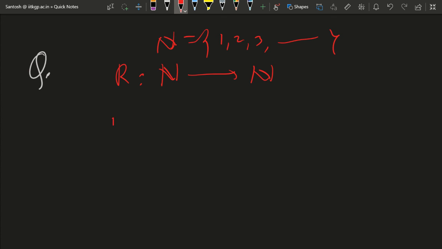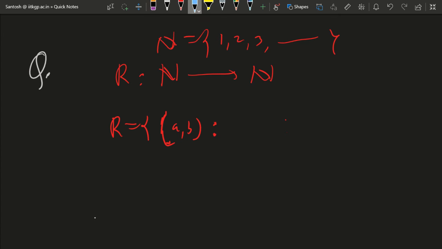So we are defining relation R as the set of pairs (a, b) such that a divides b. So is the division relation this?